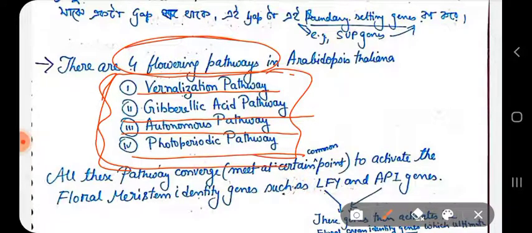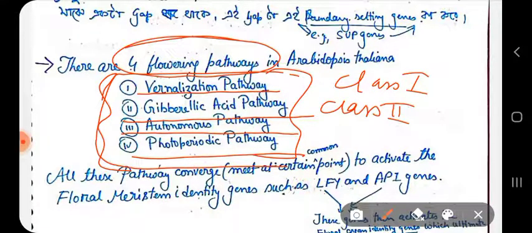And these are controlled by the four classes of genes: floral meristem identity genes, which fall under class 1; then class 2, which regulate flower formation, called shoot meristem identity genes; then the third class, the floral organ identity genes; and the fourth, the boundary setting genes or cadastral genes, which limit and set up boundaries of the floral identity genes' expression to separate the four organs of the flower.